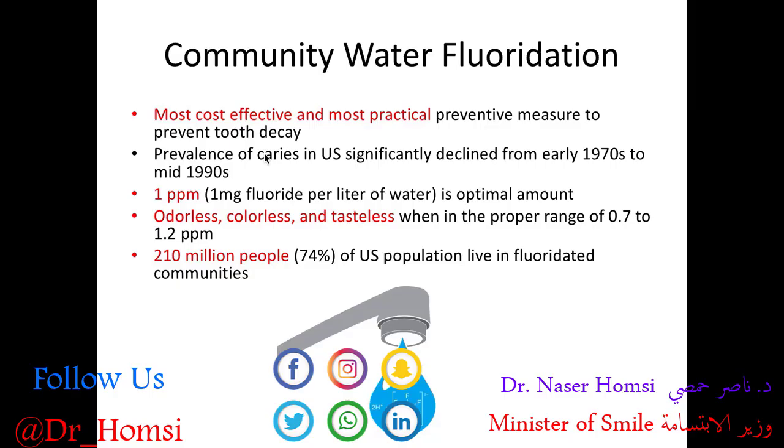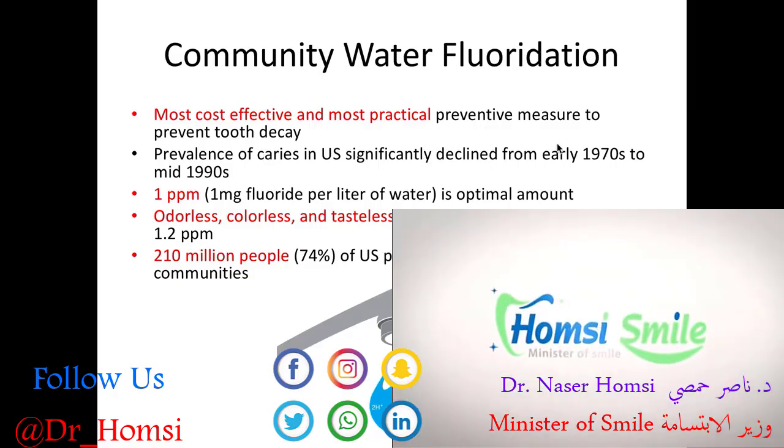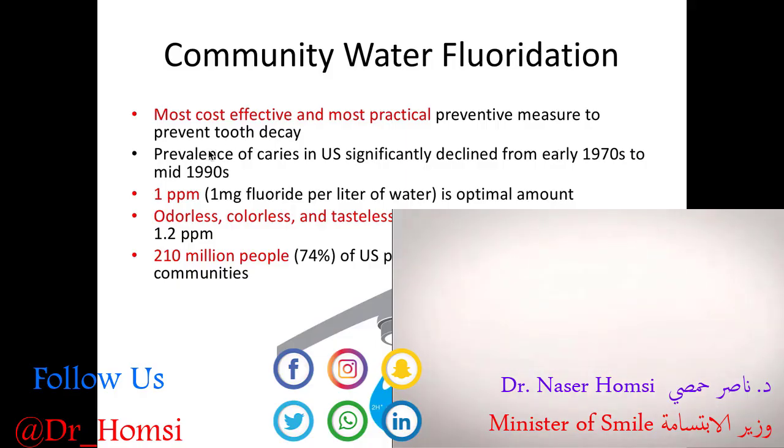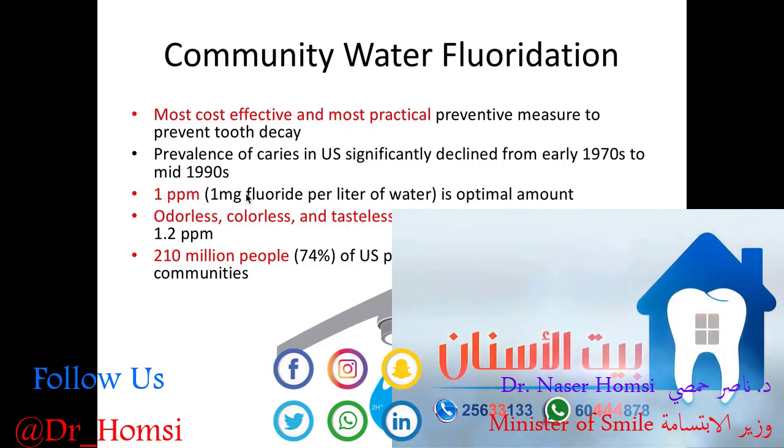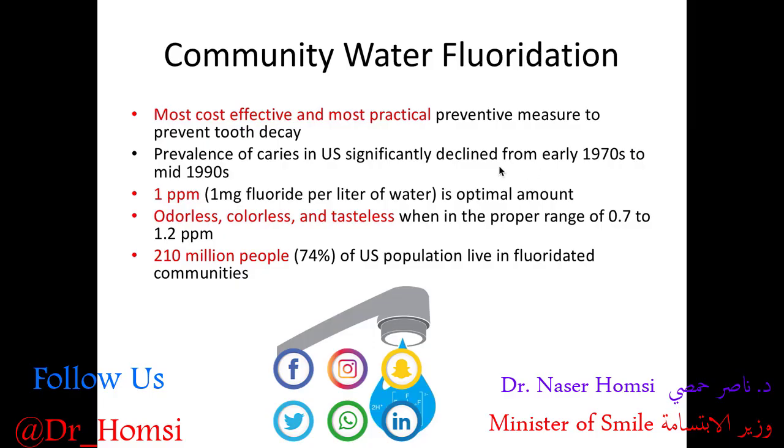So this is really a blessing in communities that have it. The prevalence of caries in the US significantly declined from the early 1970s to the mid-1990s, due in part to community water fluoridation and other public health measures. 1 part per million, or ppm, which is 1 milligram of fluoride per liter of water, is the optimal amount.